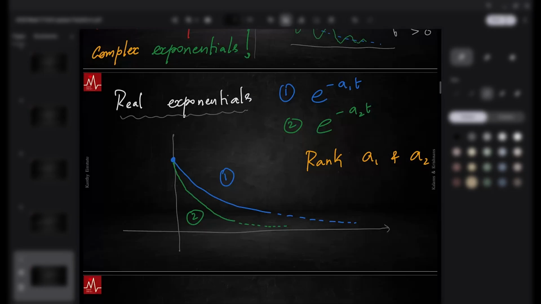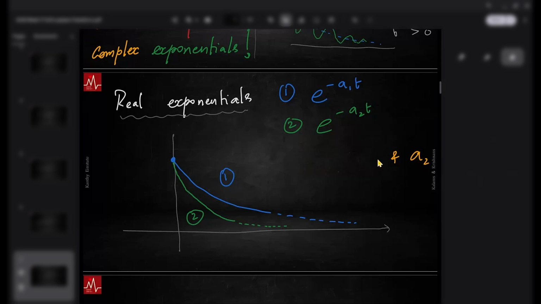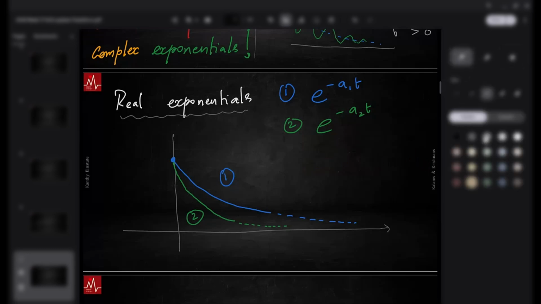Can you tell me which is higher? So by this I mean rank a1 and a2. Pick two numbers, e power minus t, e power minus 2t. Which one should be e power minus t and which one should be e power minus 2t? a1, a2.